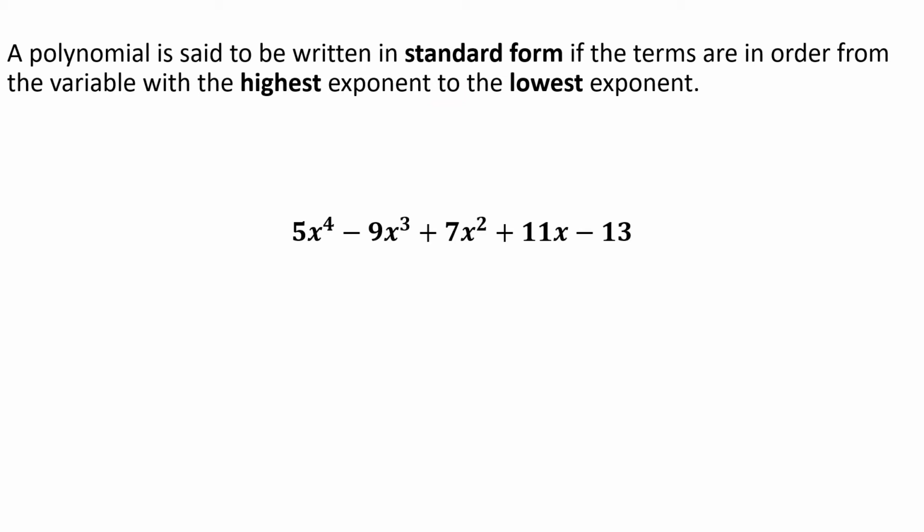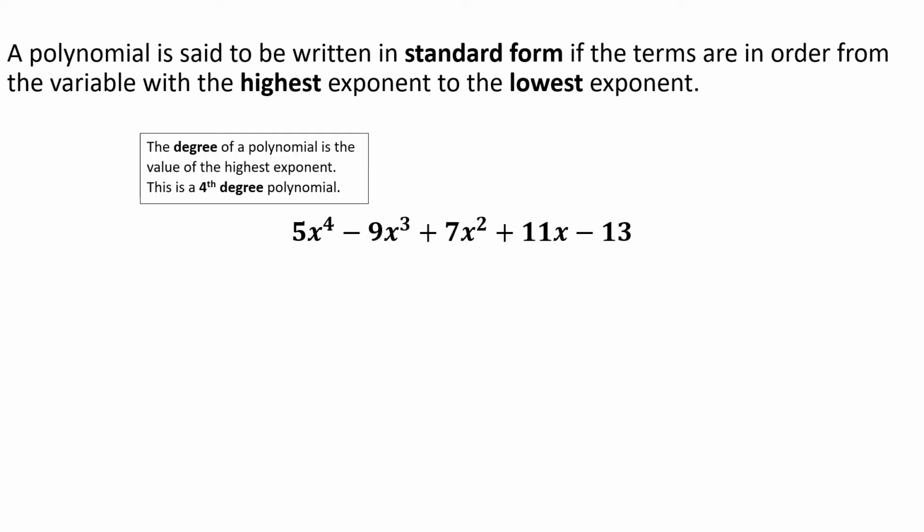Here we have the expression 5x to the 4th power minus 9x cubed plus 7x squared plus 11x minus 13. This is a polynomial expression, and it's considered to be written in standard form because this is in order from the highest exponent all the way down to the lowest exponent.